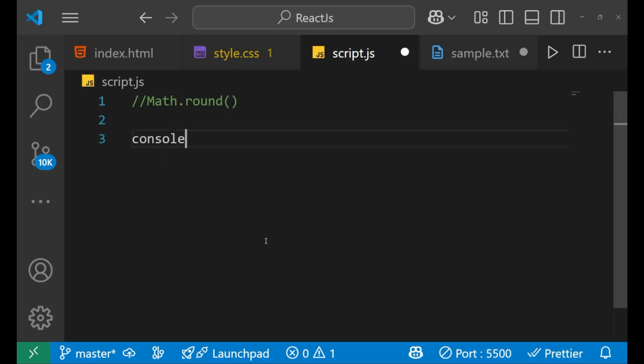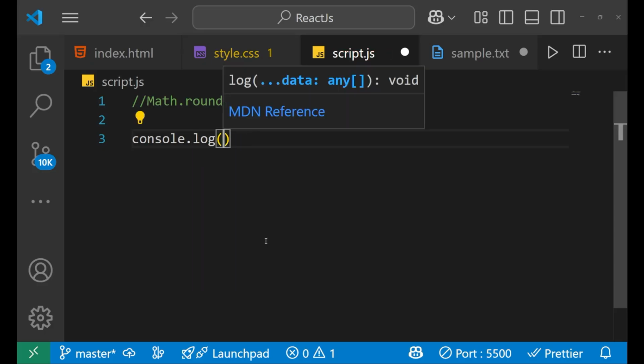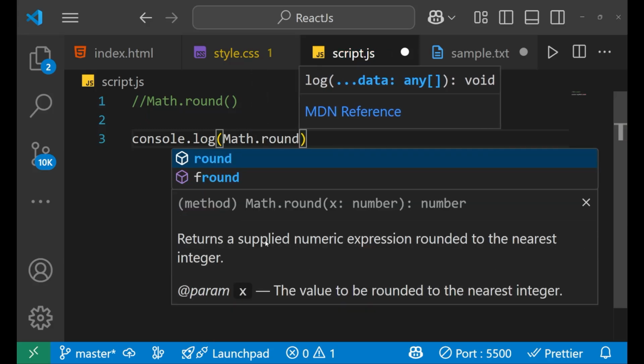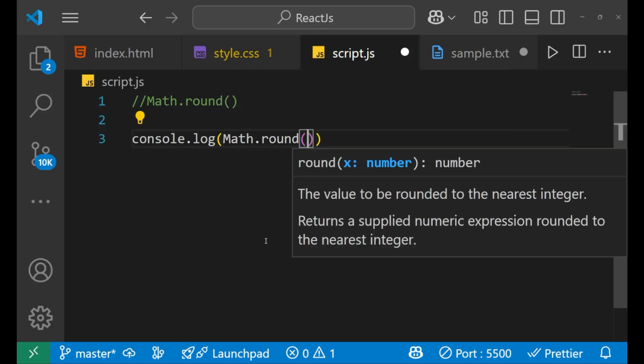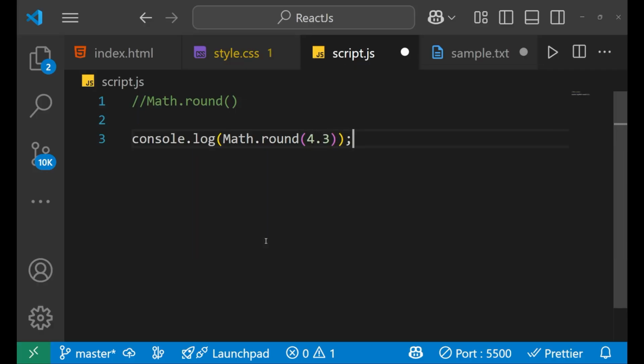So I will write console.log, then put a bracket here. Now here I will write Math.round, then put a bracket, and inside this bracket I will write the number. Let's say the number is 4.3. What do you think I'm going to get here?